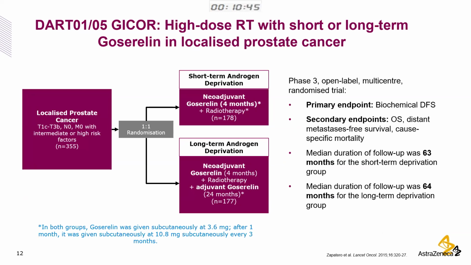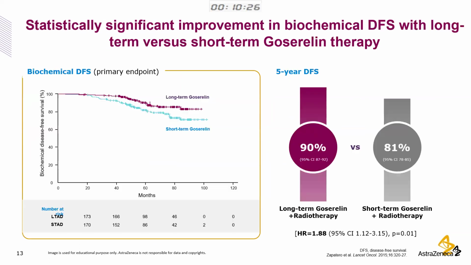In another trial, the DART 01/05 study, high-dose RT with short or long-term goserelin was compared. Neoadjuvant goserelin was given, followed by radiotherapy only, or also adjuvant goserelin for 24 months. Again, the primary endpoint was biochemical disease-free survival. The 5-year DFS is 90% with the long-term goserelin compared to only 81% with the short-term, only 4 months of goserelin.